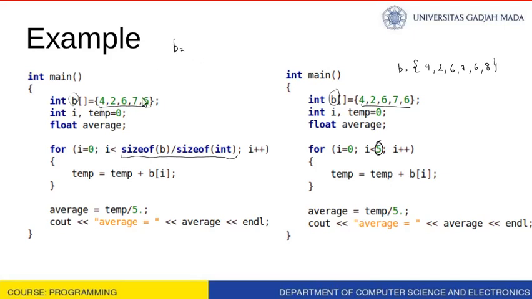B has 1, 2, 3, 4, 5 elements, and each of them is an integer, right? So it's multiplied by the memory needed by an integer, like this. Suppose my integer uses 4 bytes, so I will have 20 bytes of memory.